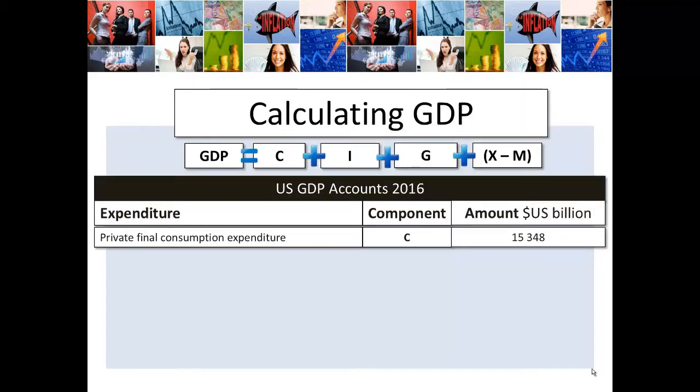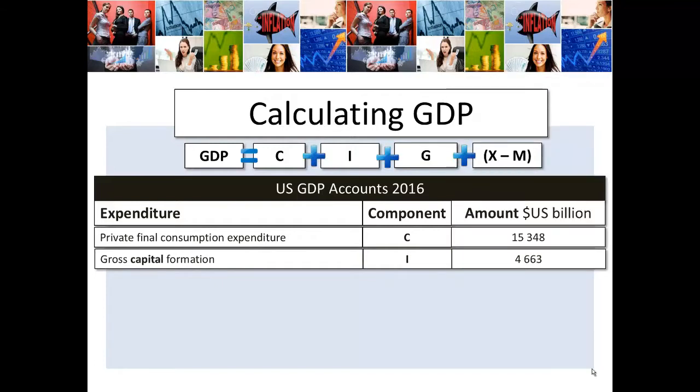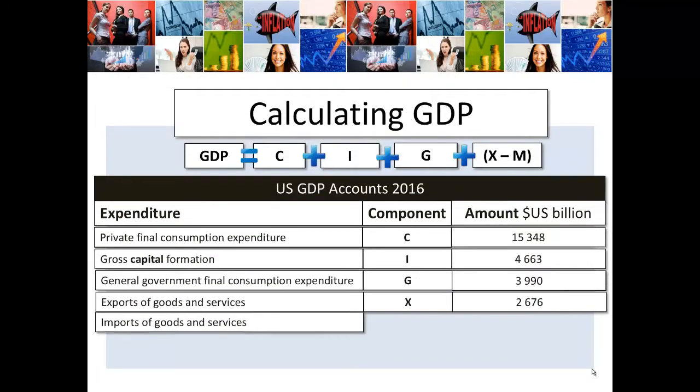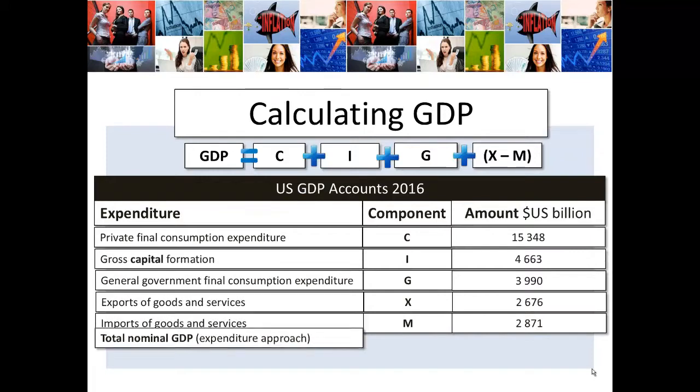So private final consumption expenditure is 15,348. Gross fixed capital formation 4,663 billion. General government spending is our G. Exports of goods and services X, and we need our imports M.